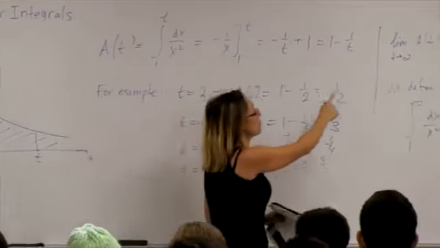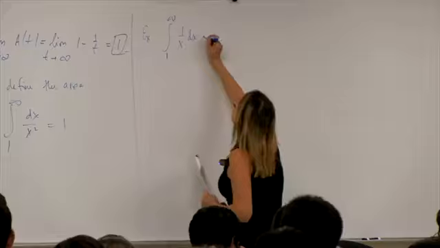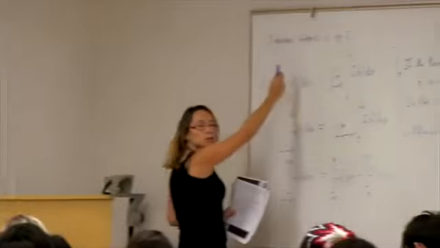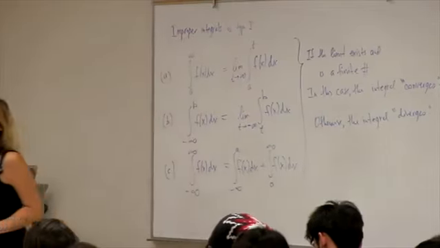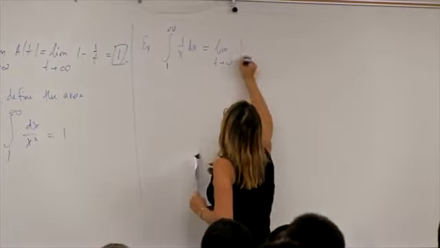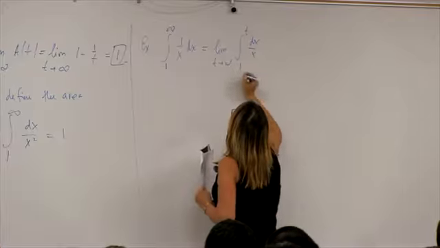In the new example, I have 1 over x. So you can see that this is an improper integral of type 1a, where I go to the right. The upper limit is infinite. So I can say that this is a limit as t goes to infinity, an integral from 1 to t dx over x, right?